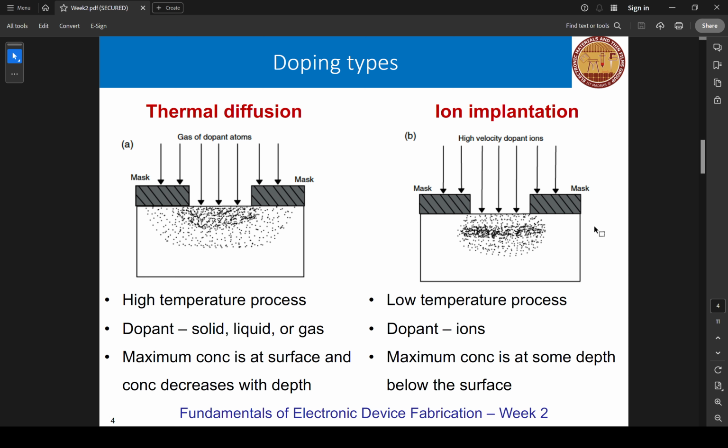So any other doubts? Sir, in the previous class you spoke about the wafer. I can't imagine how the wafer has scribe lines. Why have they drawn the scribe lines?